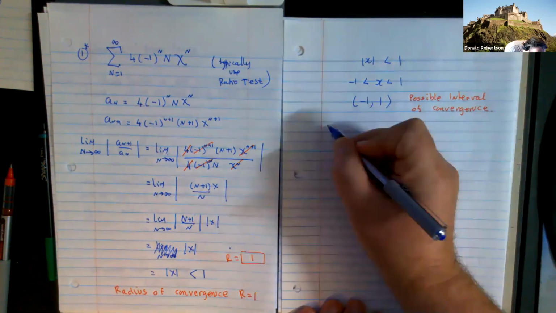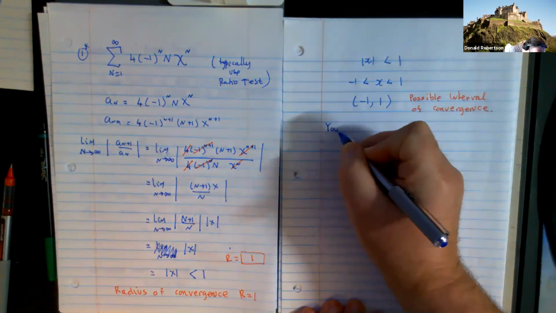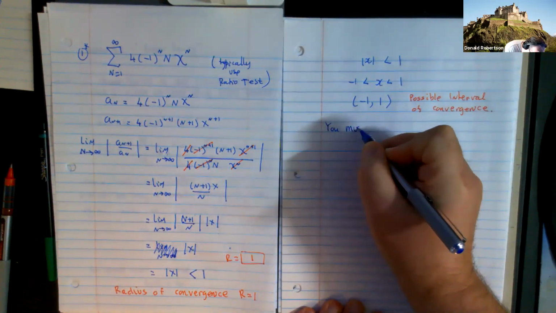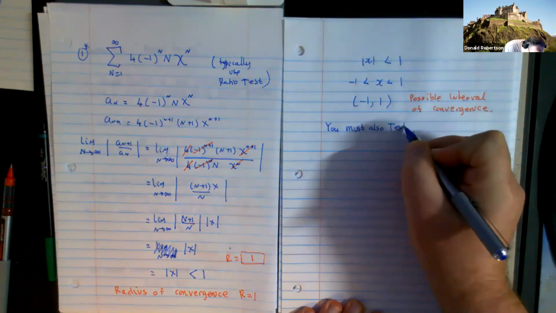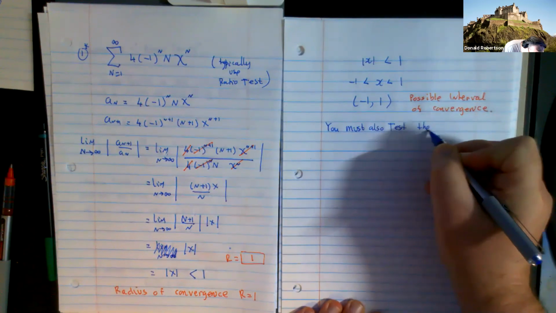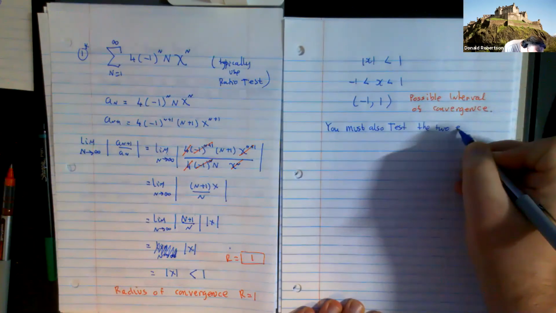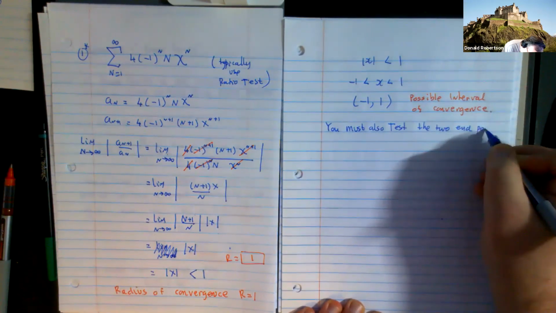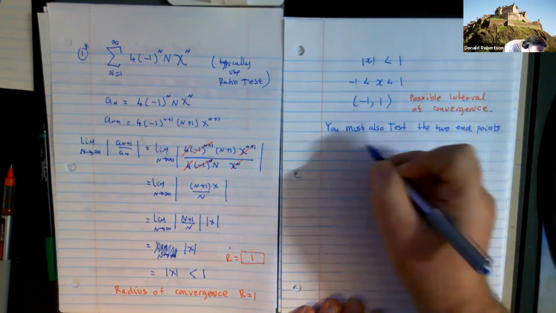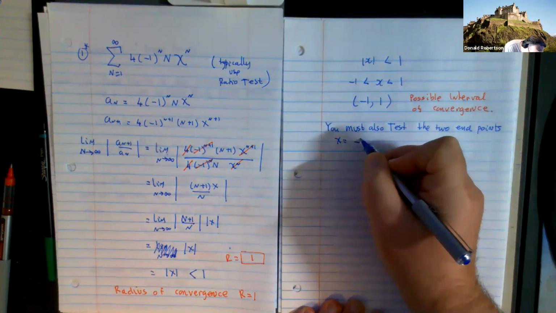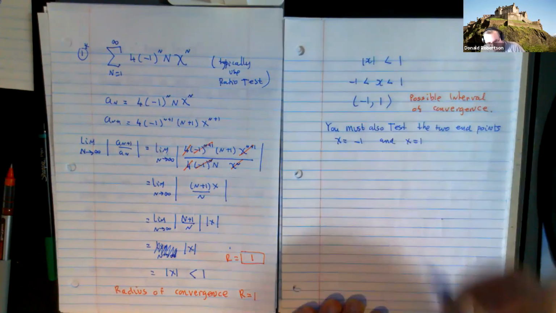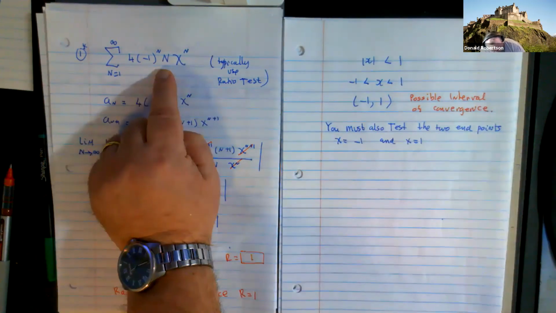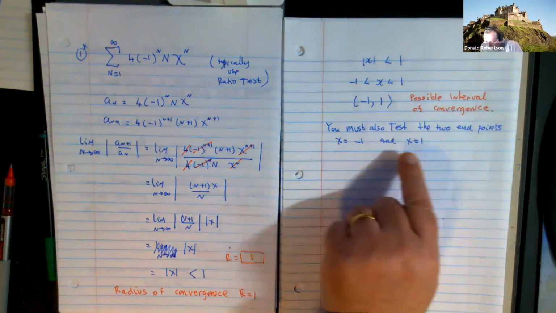However, you must also test the two endpoints. And the two endpoints are x equals -1 and x equals 1. So we have to test this series with these two numbers.